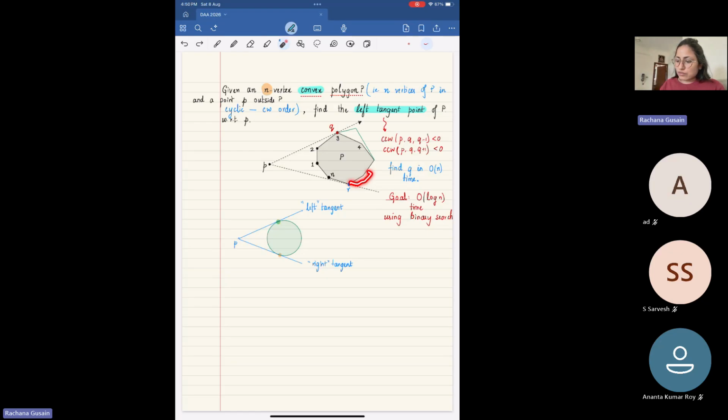So let's say instead of drawing this convex polygon, I'll just draw a circle. For any convex polygon, I can draw a circumscribing circle.